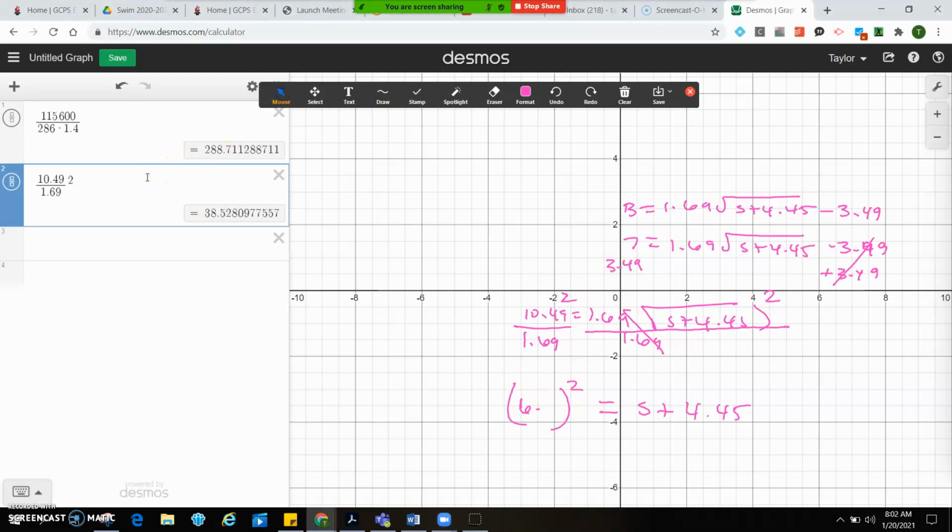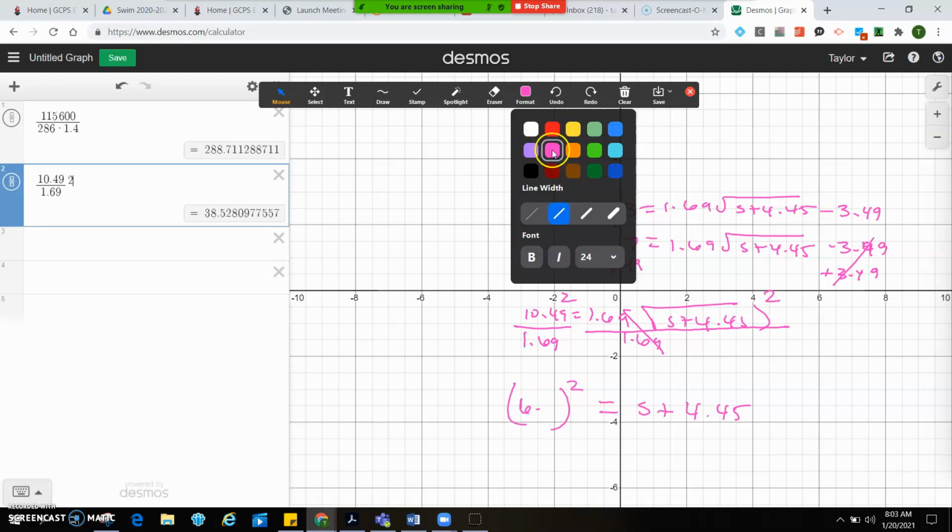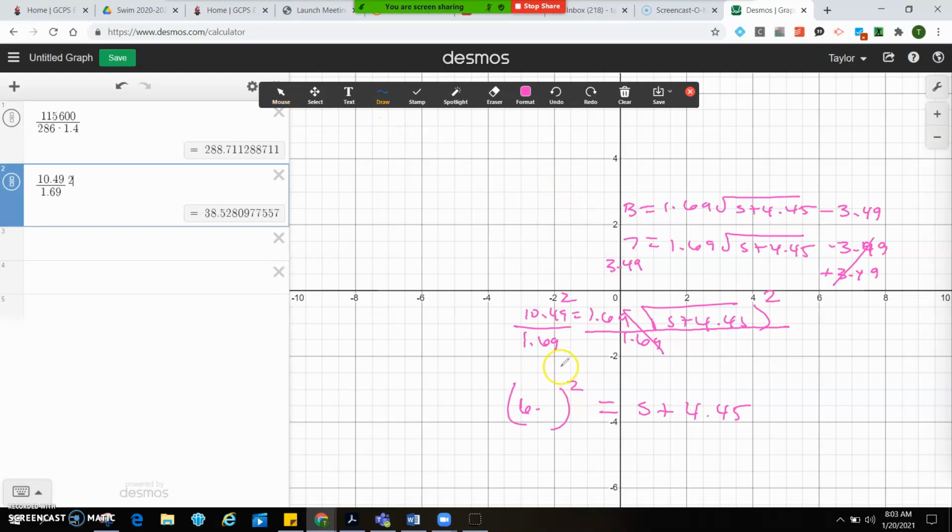So again, that's going to give you 6.2, and then I'm going to square it. So that's going to be 38.5253. And then we're going to subtract 4.45.